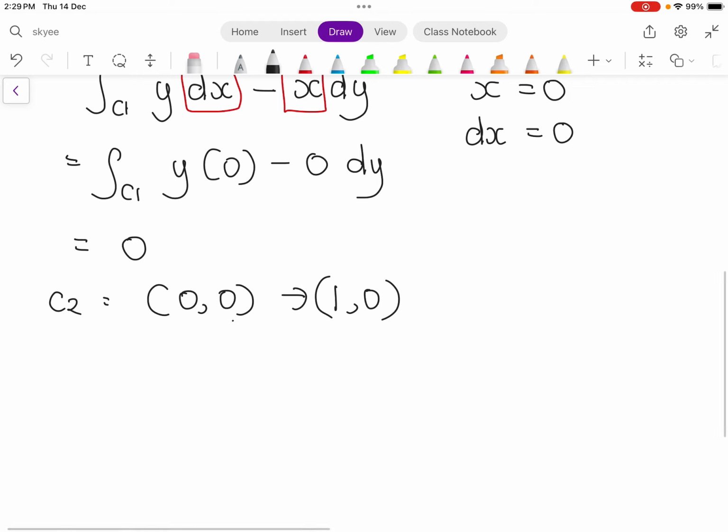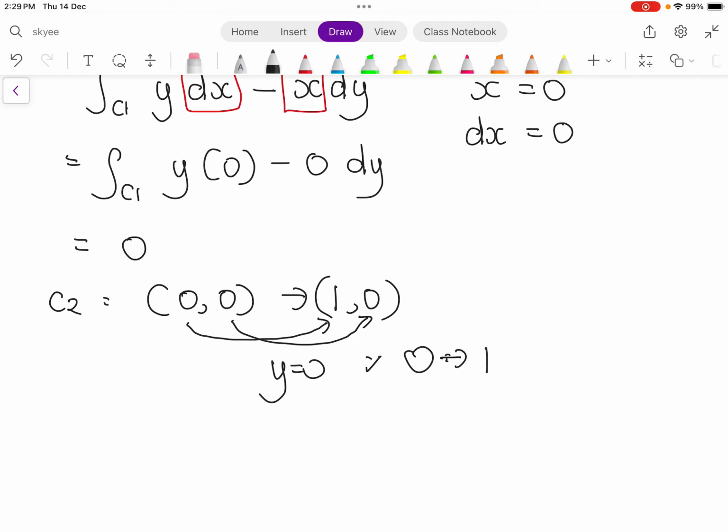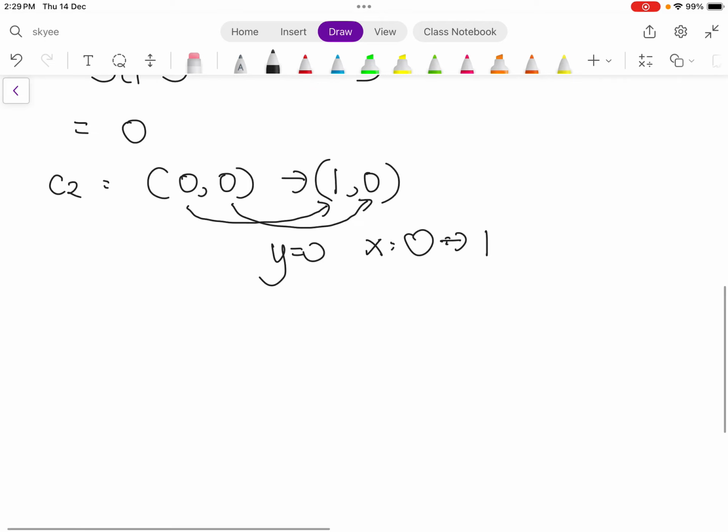Basically you can see that your y is 0 and your x is from 0 to 1. Again, I want to convert my line integral for C2. This one is y dx minus x dy.